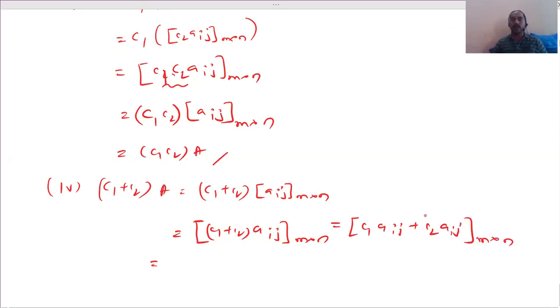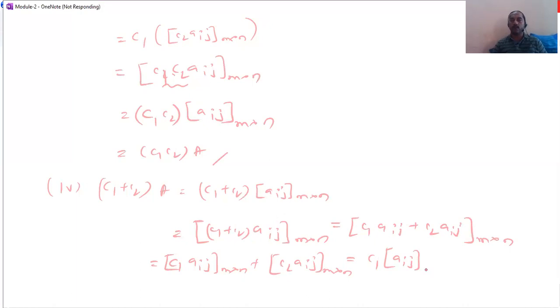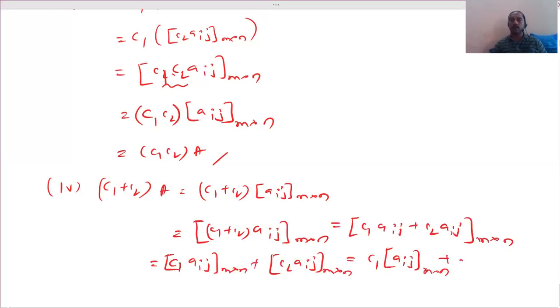So once again, by the matrix addition property, it is written as C1 a_ij M by N plus, sum of the two matrices, C2 a_ij M by N. Once again, take C as common: C1 is common from the first matrix, common procedure, C2 from the second matrix.